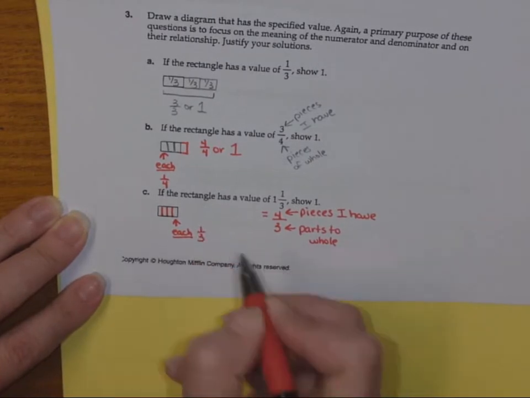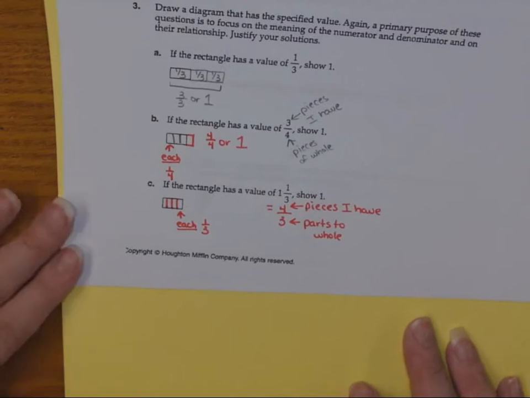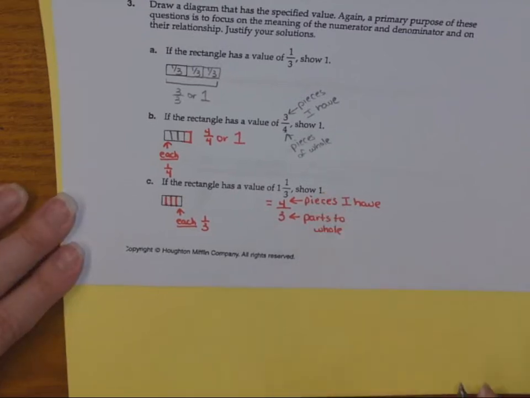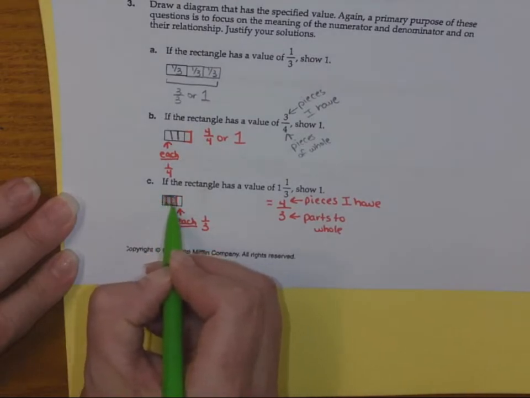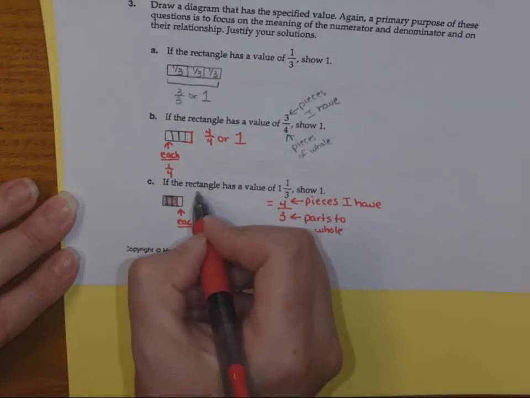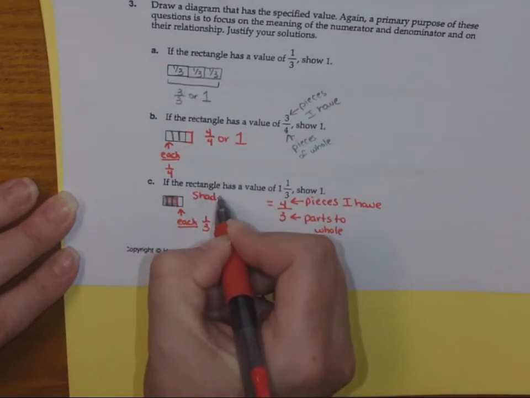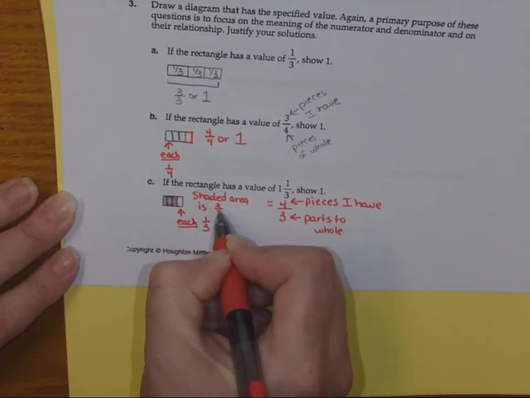Each represents 1/3 for a total of 4/3. But if I want to go back to 1, I only need 3/3, so maybe I could use my pencil or a colored pencil or something to shade this in. Okay, so in the end, the shaded area is 3/3 or 1.